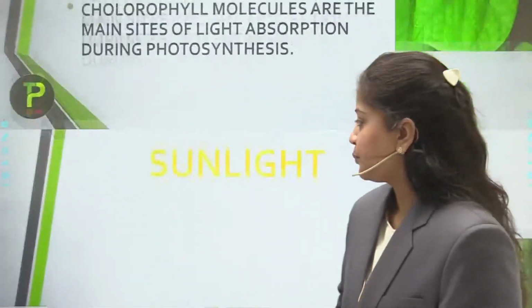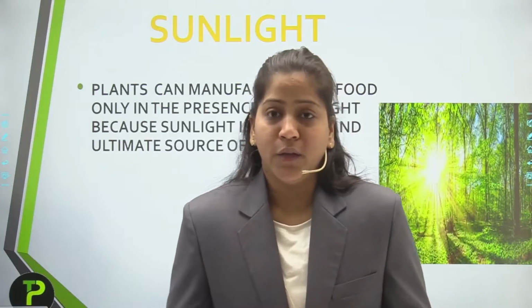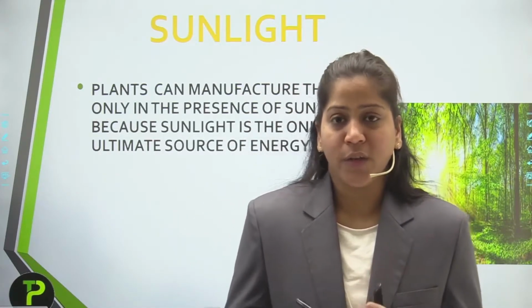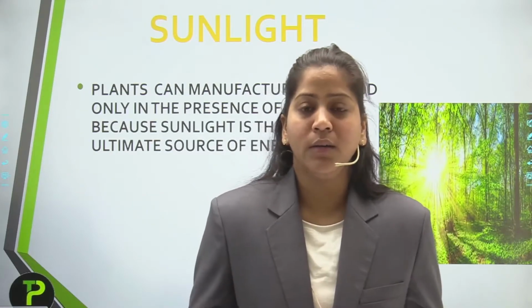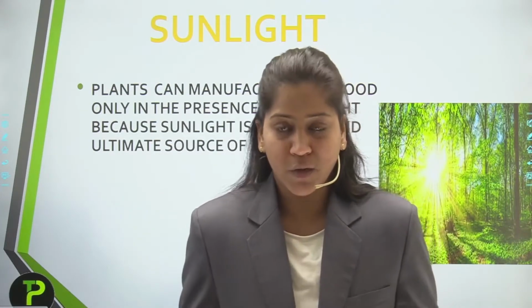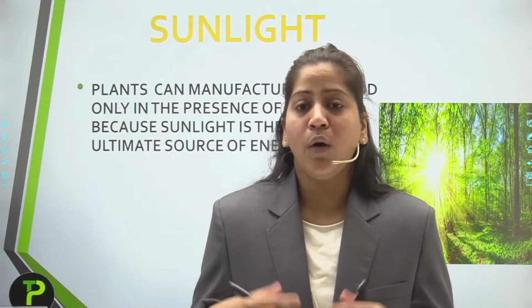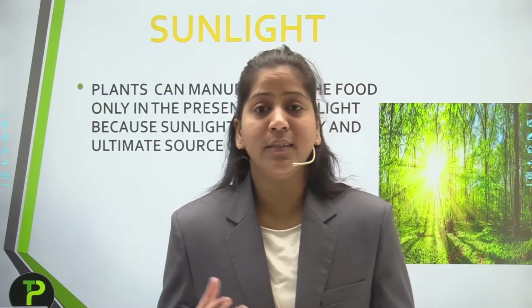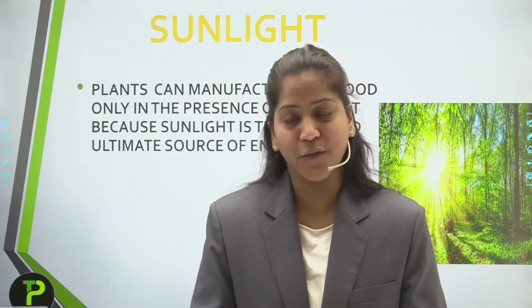Next is sunlight. It is the second condition necessary for photosynthesis to occur. As we all need energy for our body to function, whether we talk or walk or do anything, plants also need energy for making food. Where do they get energy from? They get energy from the sun.